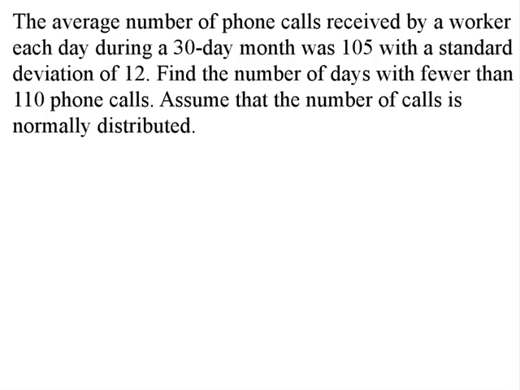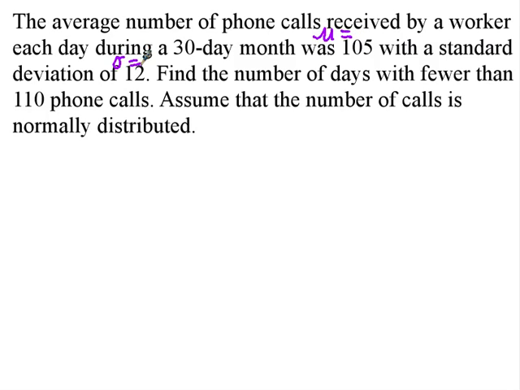Assume that the number of calls is normally distributed. So the first thing you need to do, what is the mean? The average. So which in this problem is the average? 105. Good. So here's our mean. What is the standard deviation?